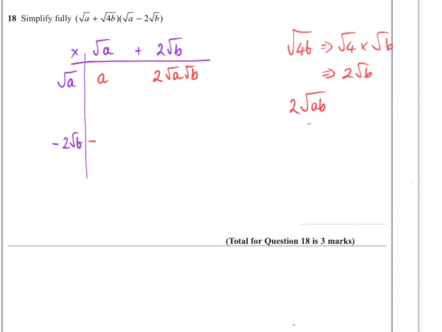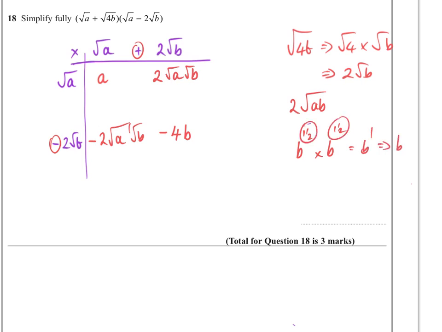This one would be minus 2 root A root b, and this last one would be minus, because we've got a plus times a minus, minus 4b, because root b times root b, that's b to the half times b to the half. You add the powers and you get b to the power 1, which is b. So what we can do is now we can look at how these here cancel out with each other, so that's fine, and we're just left with a minus 4b.